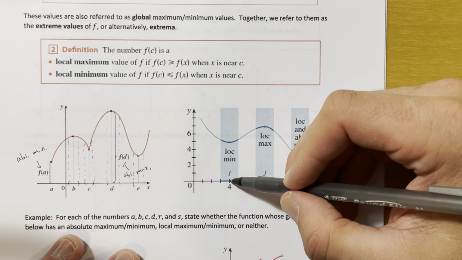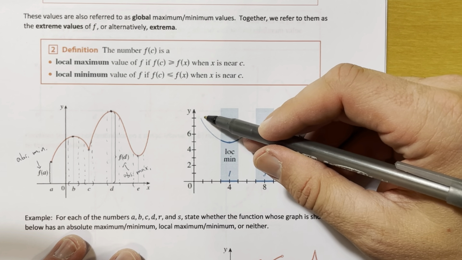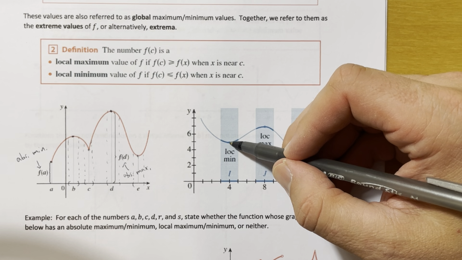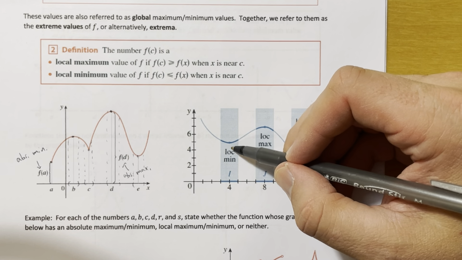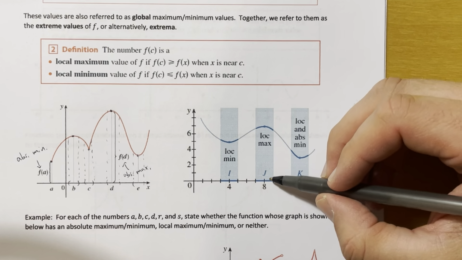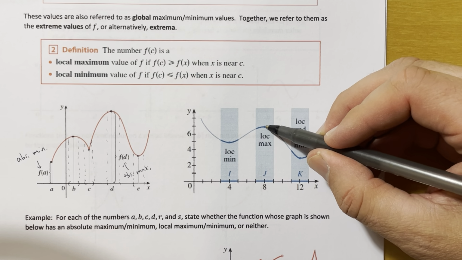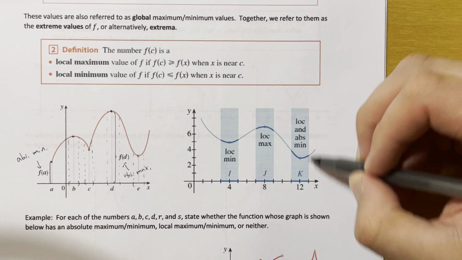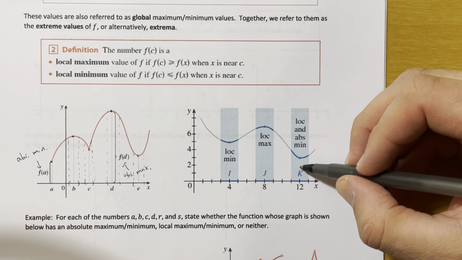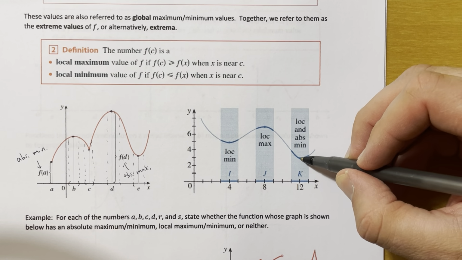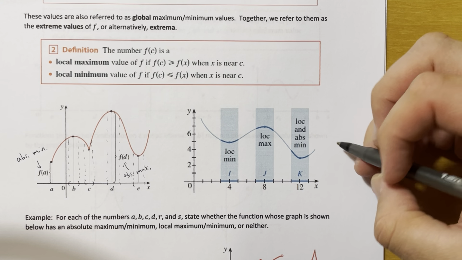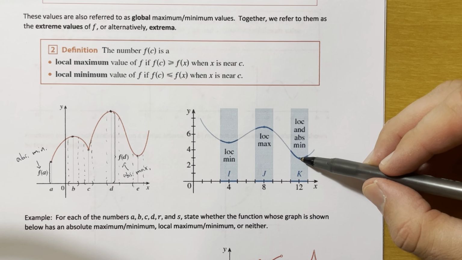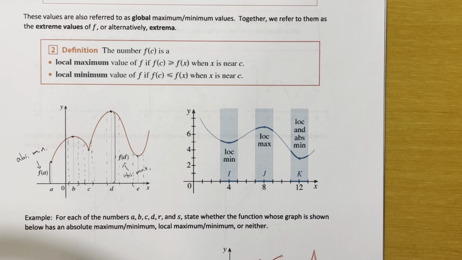So, for example, if this function is called f of x, f of 4 is going to be the smallest output within this small little section of that curve. Similarly, f of 8 is the highest or the largest output in this particular little interval. Same thing here. This value here, f of 12, I can see is the lowest point in this small interval. And not only that, it's also the lowest point in the entire part of the curve that's shown. So that makes it both a local and absolute minimum.